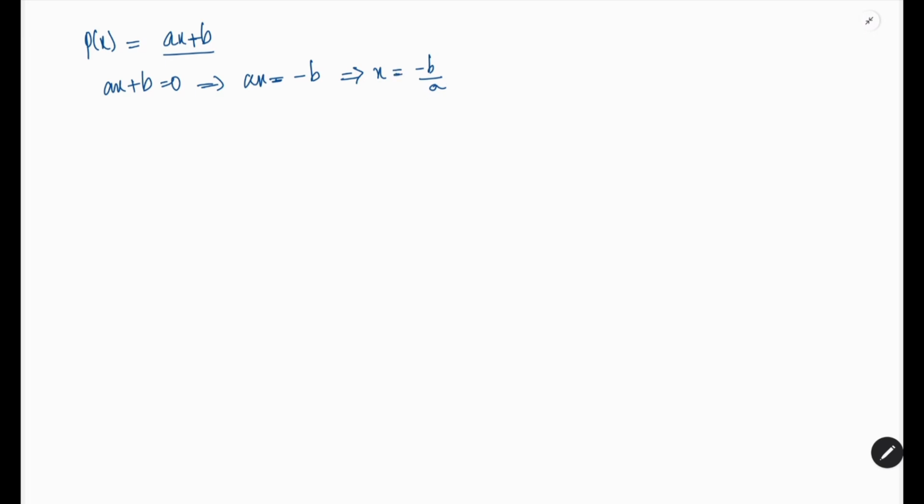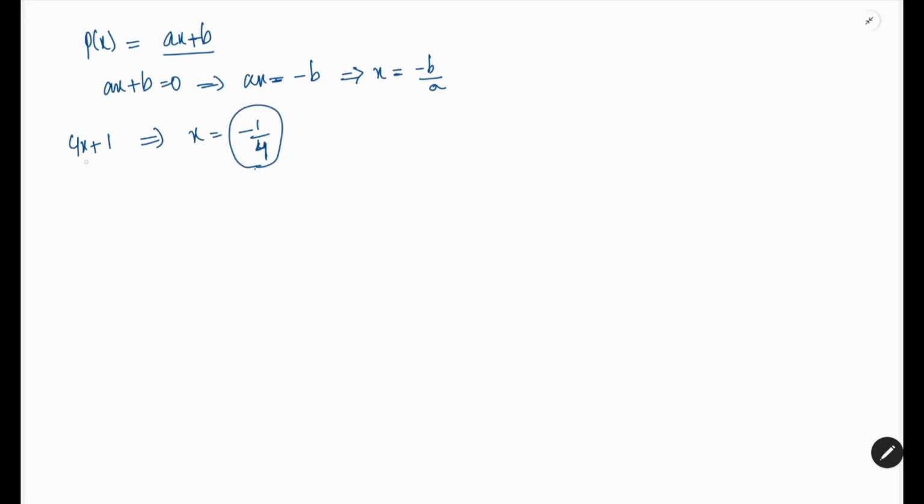So if you take any linear polynomial like 4x plus 1, here x equal to minus 1 by 4. So this is the zero, that means minus 1 by 4 is the root.